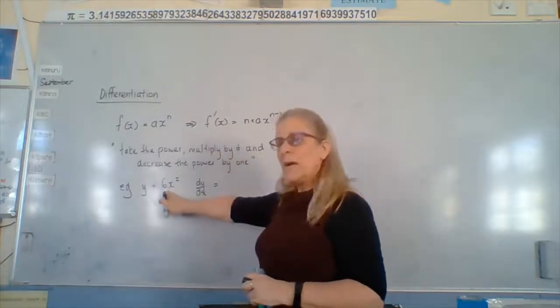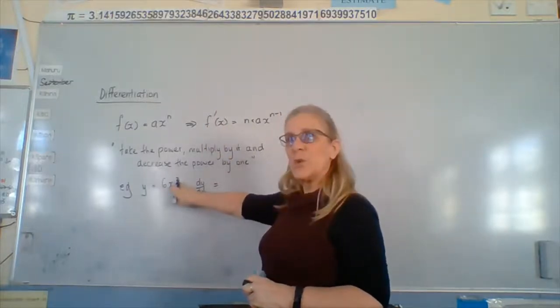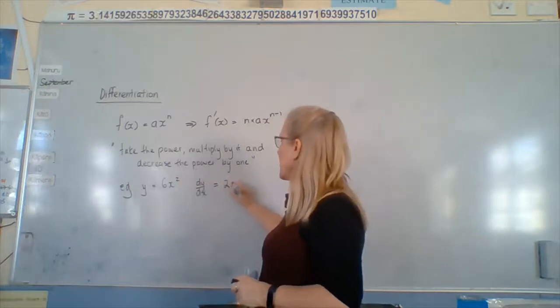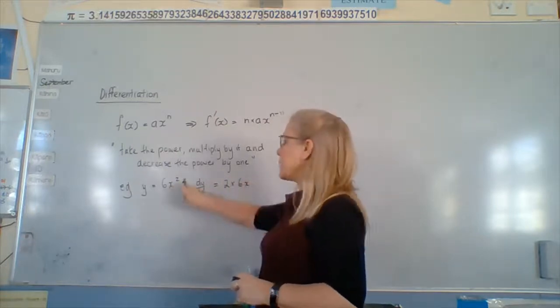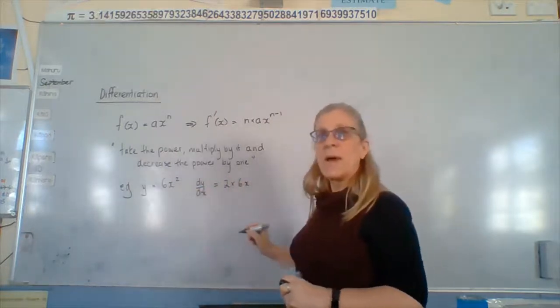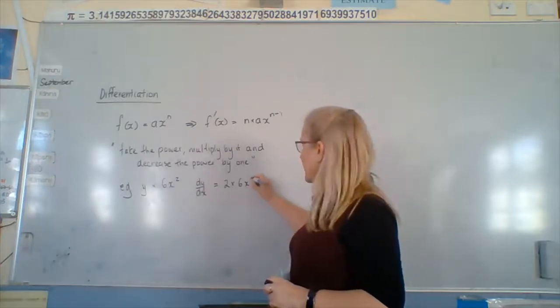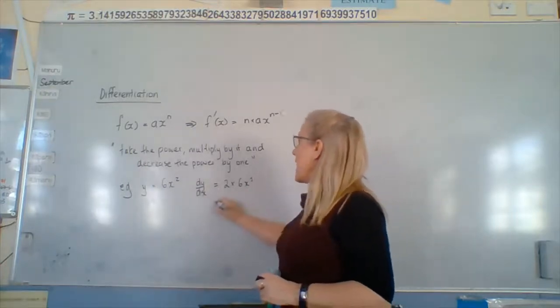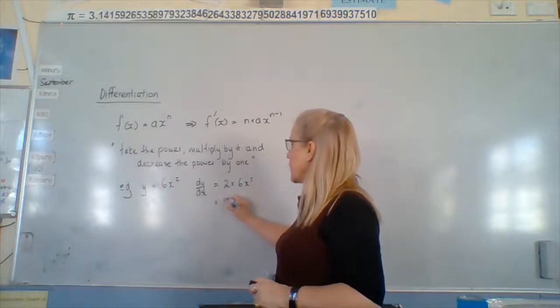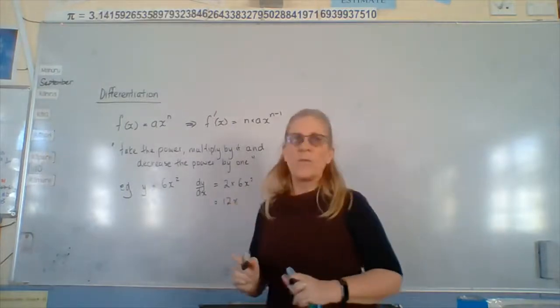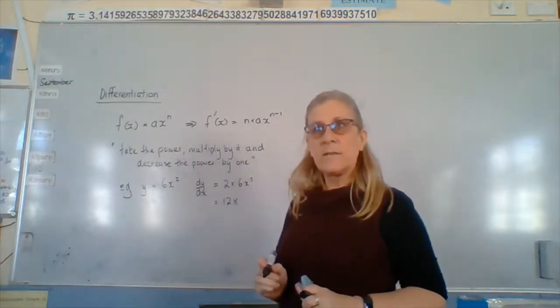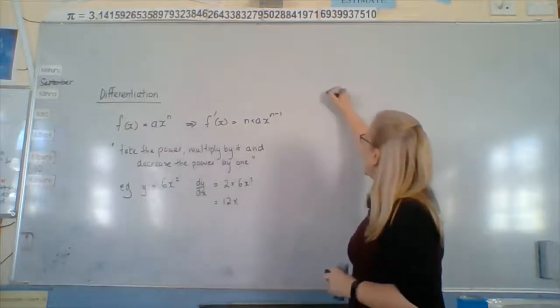So this one here, we take the power, which is 2, we multiply the whole thing by it, and we take 1 off the power, so now our power is 1. Okay. So in effect, this becomes 12x, because x to the power of 1 is just x.